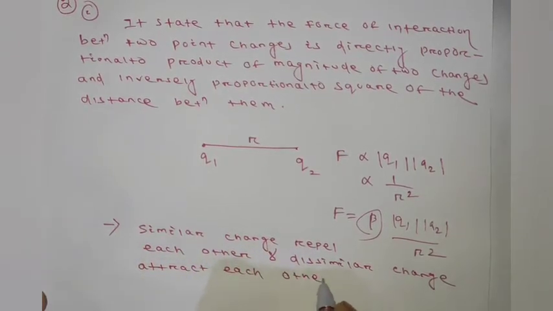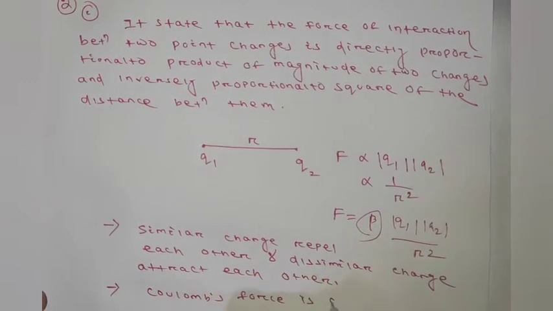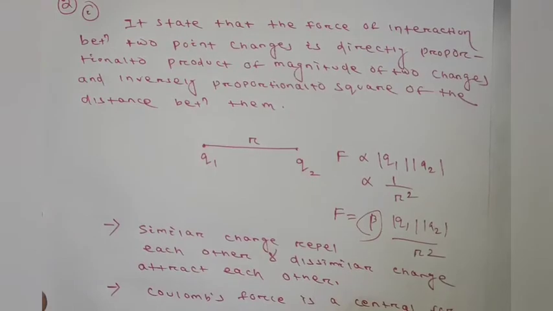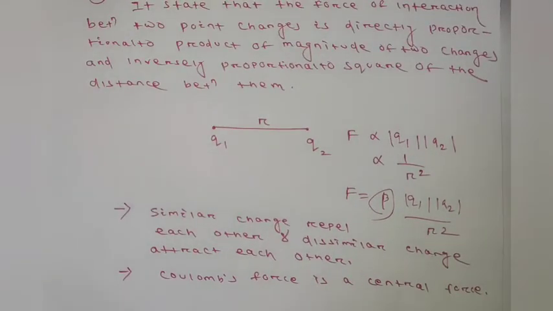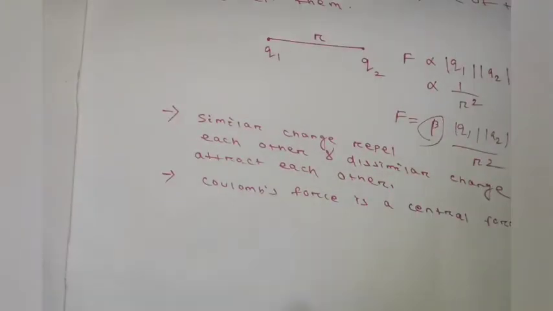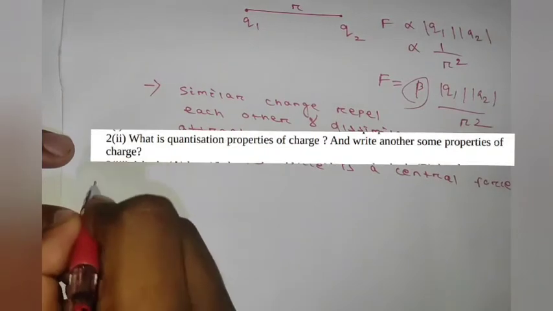So this is one property. And also you can say Coulomb's force is a central force. You can say any two. I gave these two properties of the Coulomb force. So now I shall go to the second question.